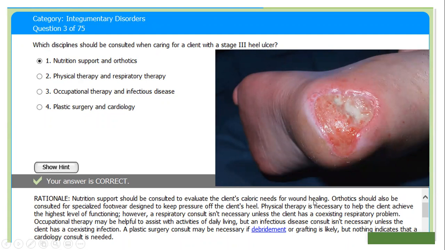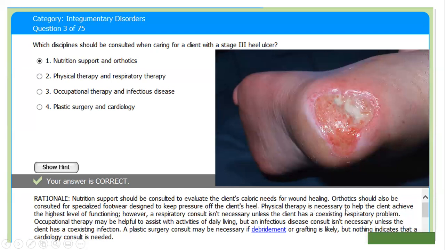So good nutrition helps to heal the wound. Orthotics should also be consulted for specialized footwear designed to keep pressure off the client's heel.